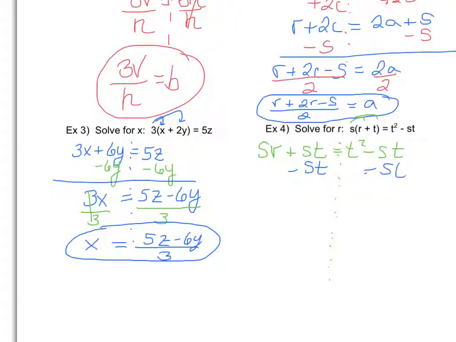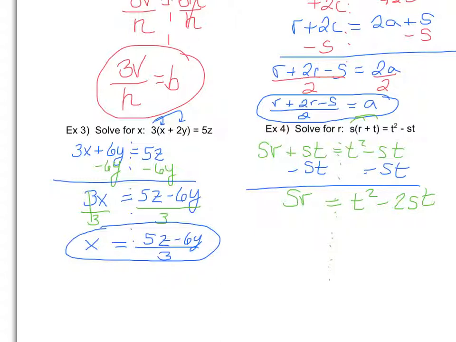And notice that, unlike the other ones, I have some like terms, so on this side I'm left with that sr. Here, if I am negative st and someone takes one more st from me, I'm negative 2st. Or I can think of it as same signs, so I add 1st plus 1st, and I keep the same sign, giving me negative 2st.